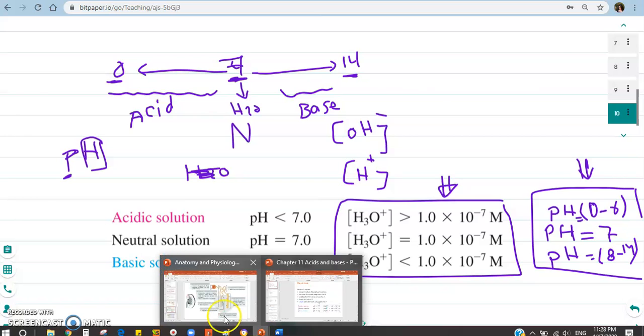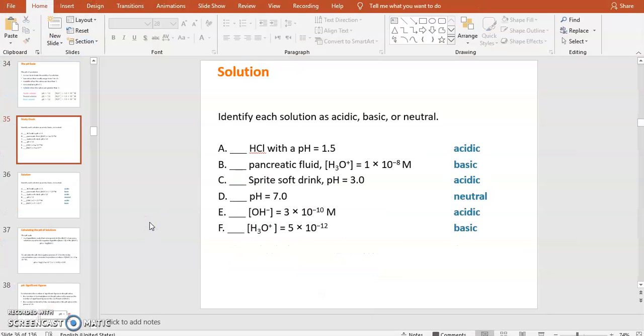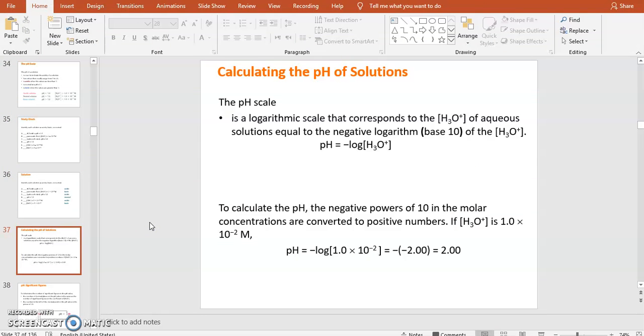Calculations. So this is the equation that we will use a lot. So the pH is minus log the concentration of the hydrogen ion or hydronium ion. Both can be considered the measurement for the pH.